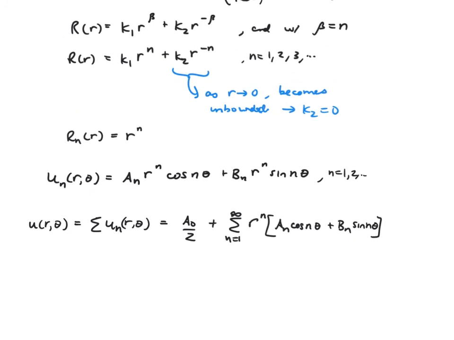All right, let's get a new page going here. What do I have left to do? The boundary. Last step. I want u at a and theta, when r is equal to a, to match f of theta. So I'm going to first plug in a into my solution form.